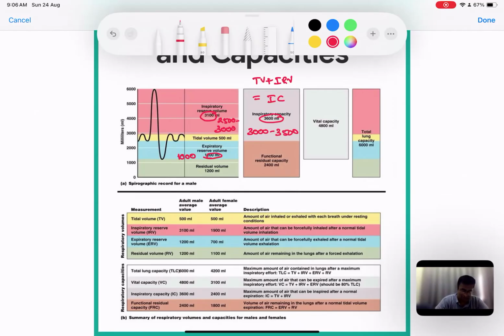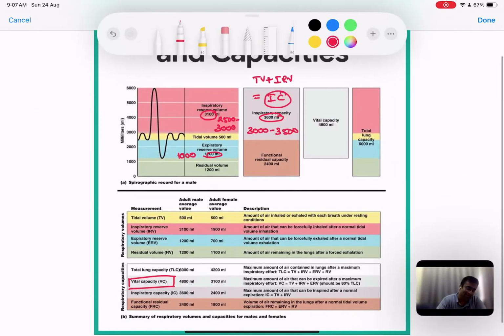Okay. So now coming to this term, vital capacity. Vital capacity is the maximum amount of air that can be expired after a maximum inspiratory effort. So maximum inspiration is IC. Maximum expiration is expiratory reserve volume.